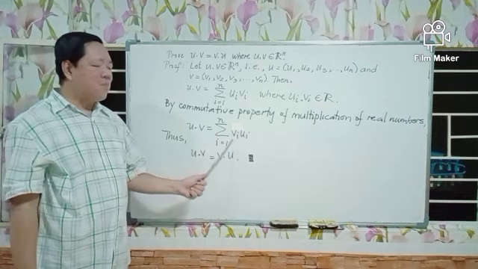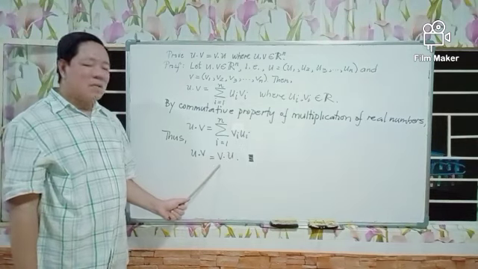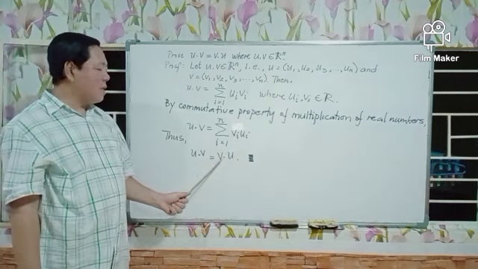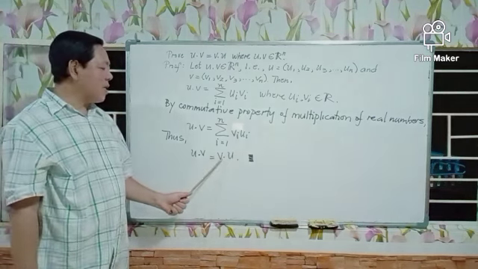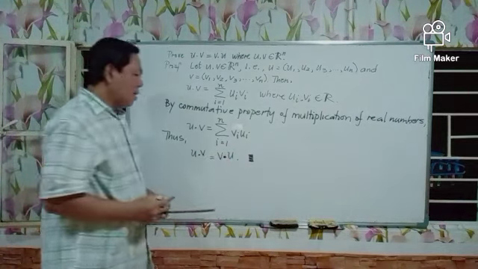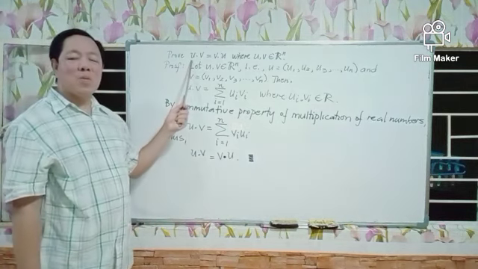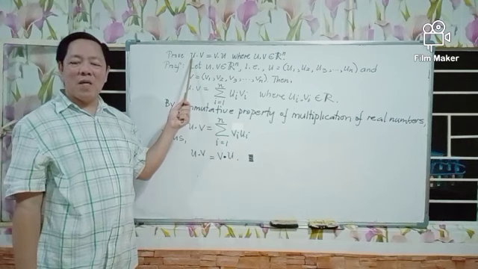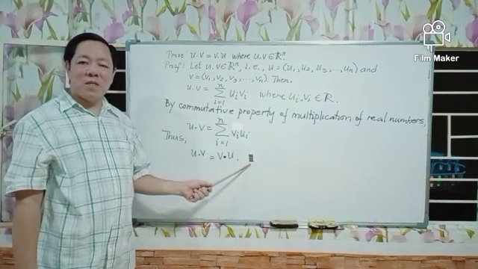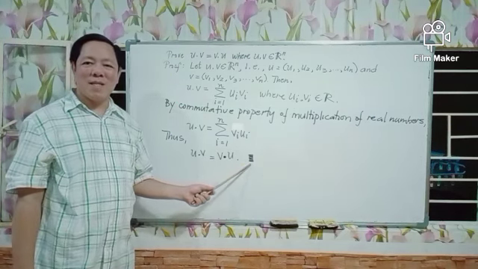The summation of v sub i times u sub i for i is 1 to n is the scalar product or dot product of the vectors v and u, denoted by v dot u. And that completes the proof for the commutative property of the dot product or scalar product of two vectors. The end of proof is indicated by this shaded rectangle.